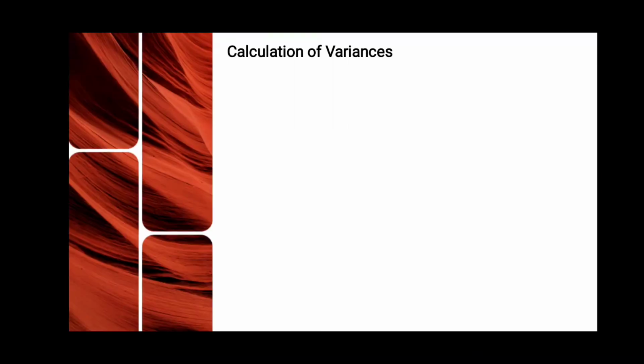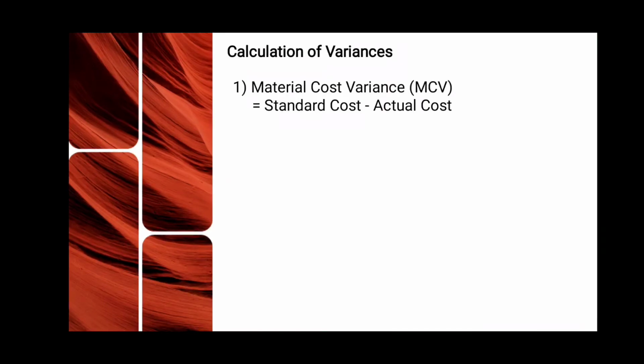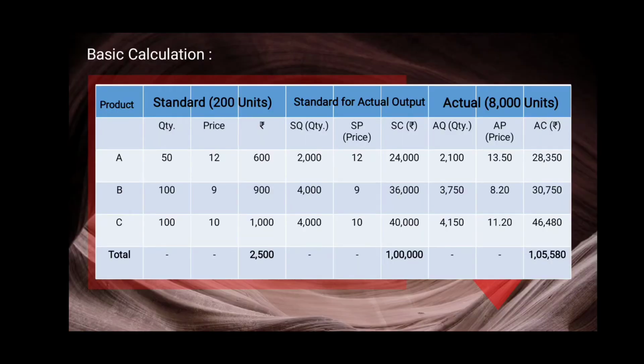So now let us calculate material variances. Calculation of variance. First, material cost variance, which is equal to standard cost minus actual cost. For material A, standard cost is 24,000.